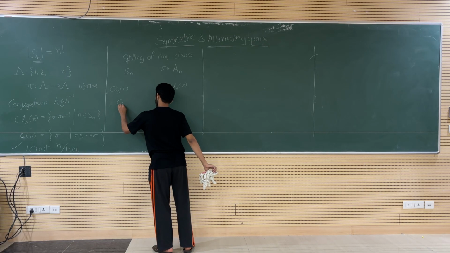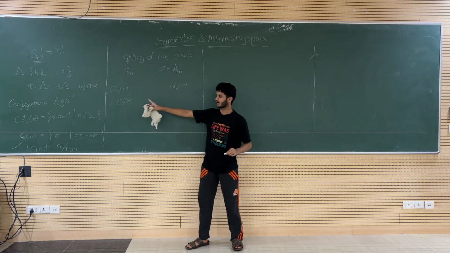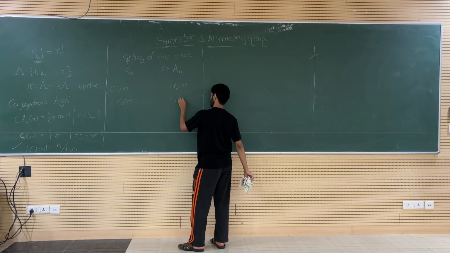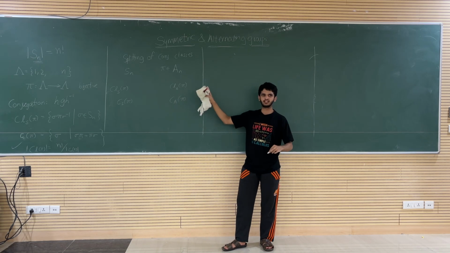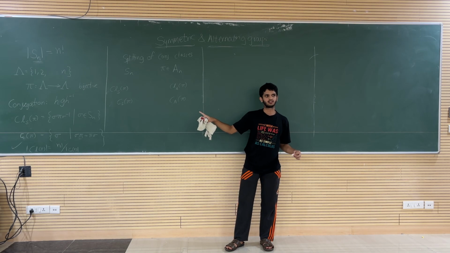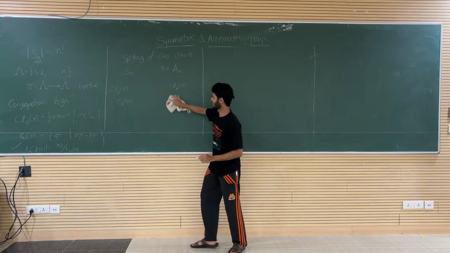Next, let's do something more. Let's see the centralizer. What is this? The elements which commute with pi in S. Now you have this. What is this? Elements which commute with pi in A. What is the relation between these two? This is bigger than that. That's one thing, but there is much more.